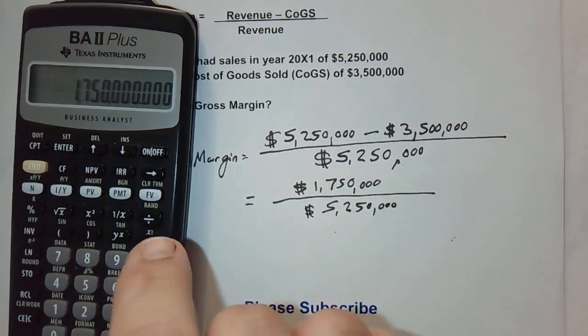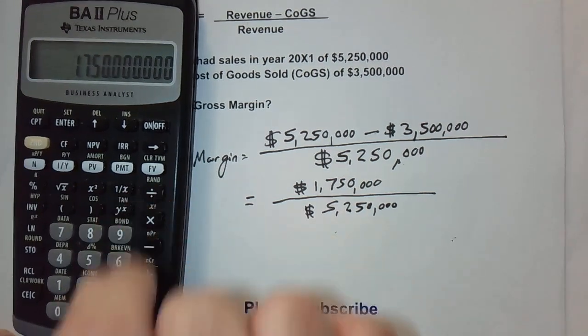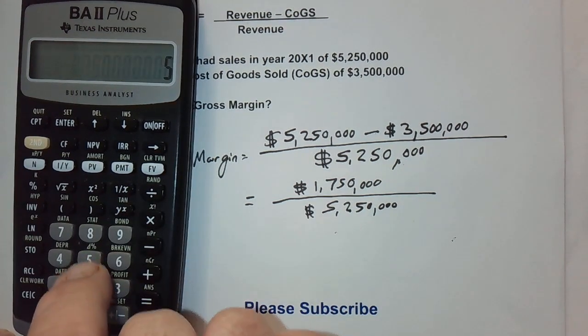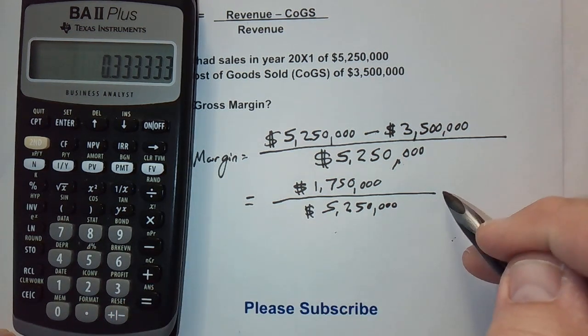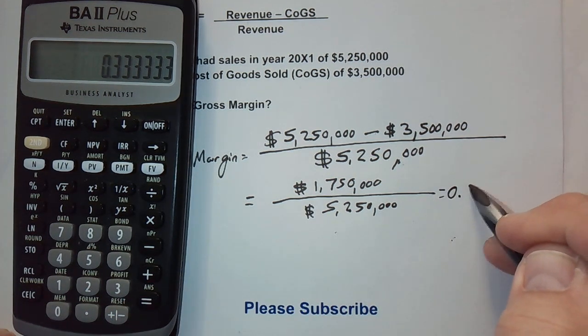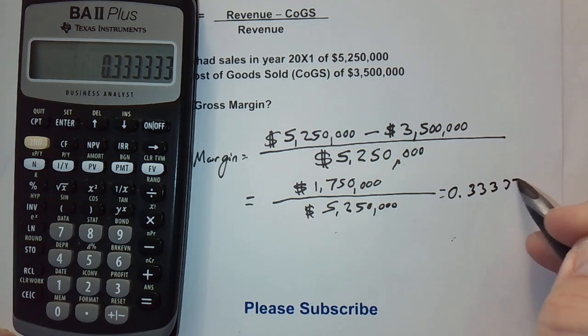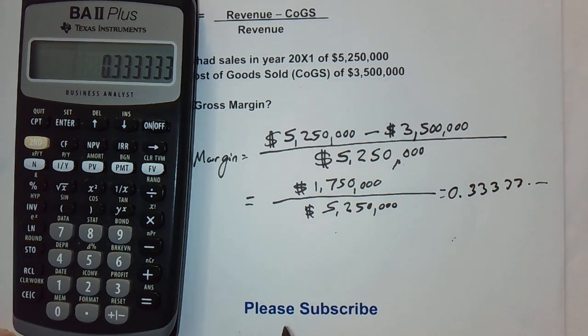So I can do that again with my calculator. I can just hit divide by 5,250,000, and that gives me 0.33333, and that's going to go on forever.